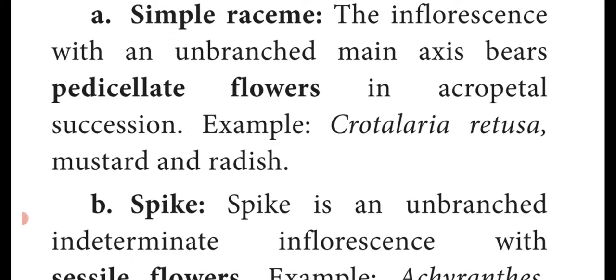That arrangement is known as acropetal succession. Example, Crotalaria retusa, mustard and radish. Mustard, we all know that one, kadugu. Radish, mullangi in Tamil. Crotalaria is known as kilikilipai chedi. So this is the simple raceme.